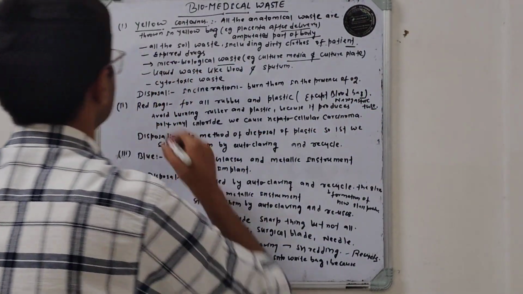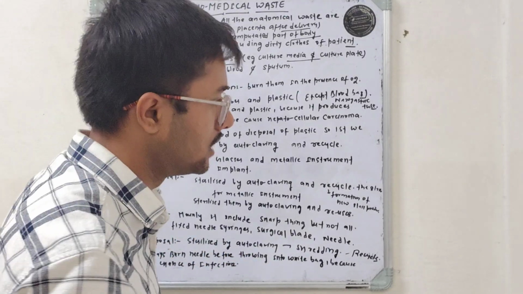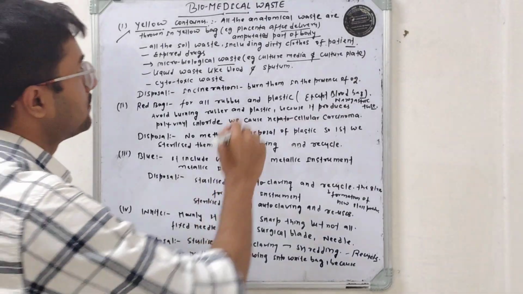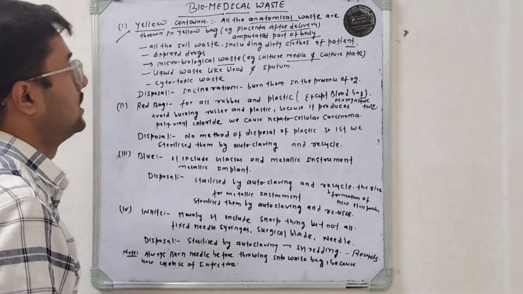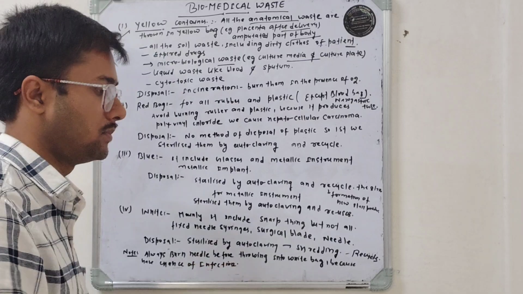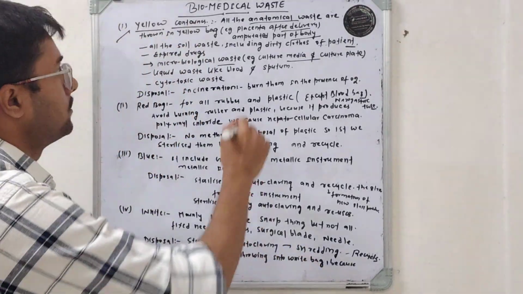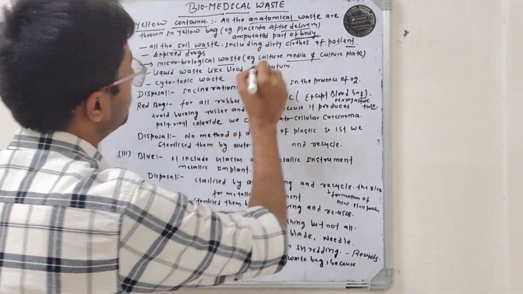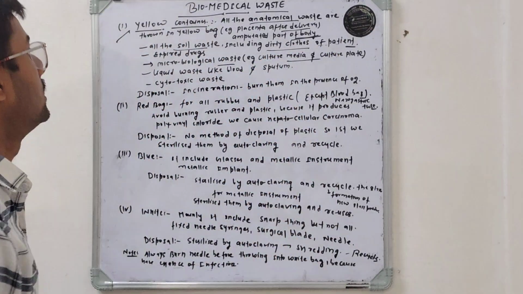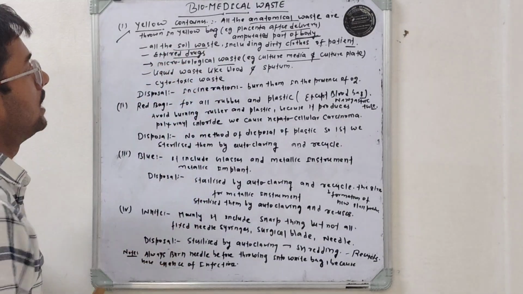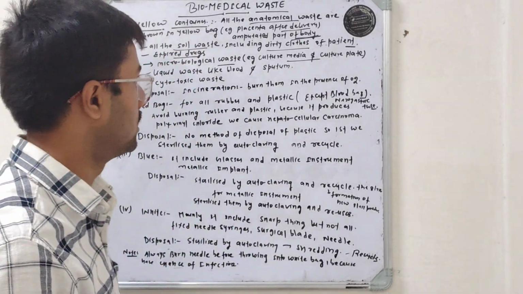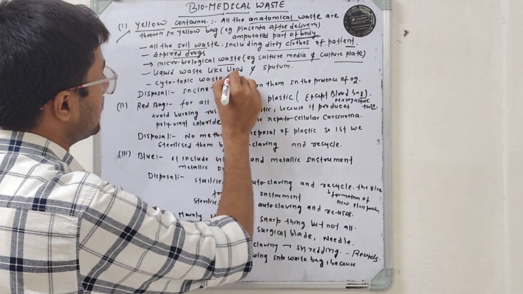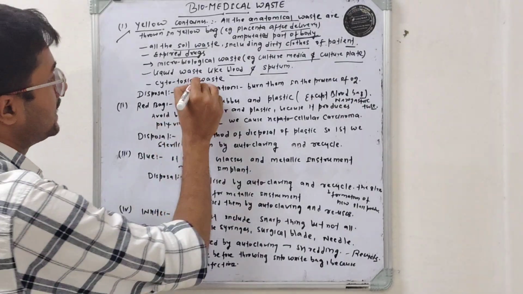First, we start the topic with the yellow container. Which types of biomedical waste do we throw into this yellow container? In the yellow container we throw anatomical waste like the placenta we obtain after delivery, amputated parts of the body, all the soiled waste including dirty clothes of the patients, expired drugs, and microbiological waste like culture media and culture plates, liquid waste like blood and sputum, and cytotoxic drugs.